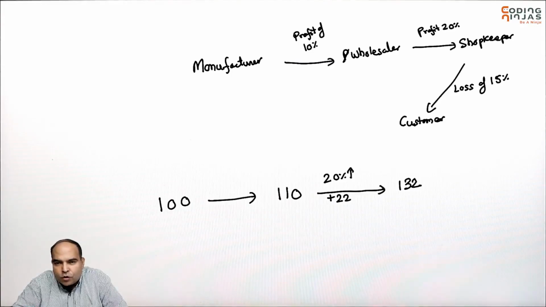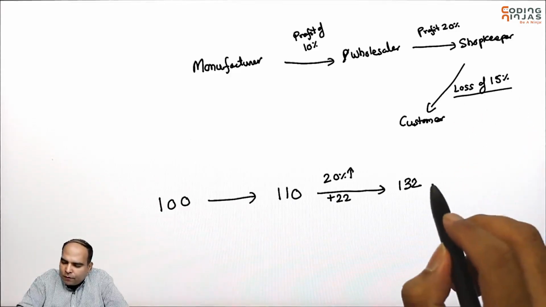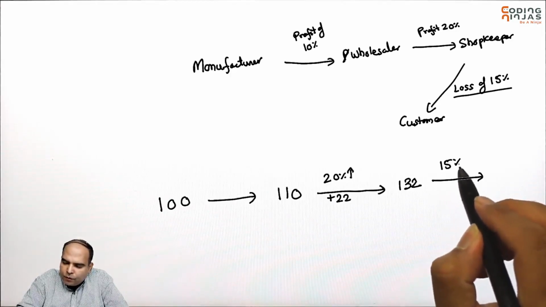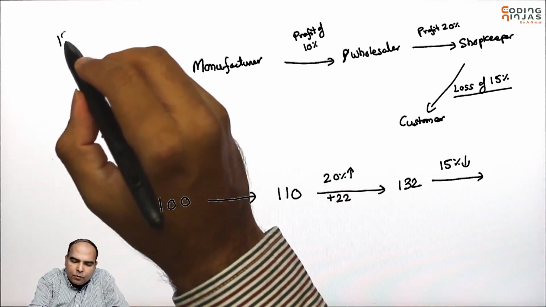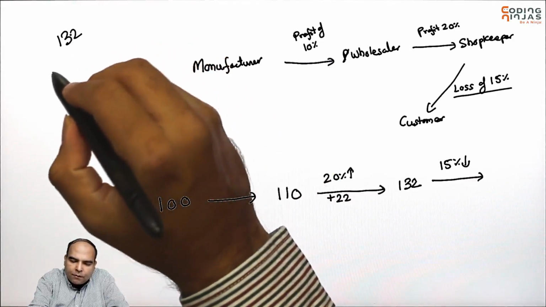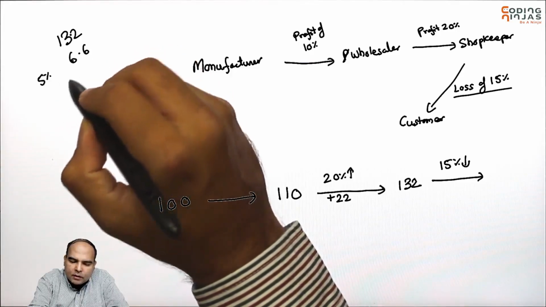So right now you have a shopkeeper who's purchasing at 132, but he's selling to the customer at a loss of 15%. So 15% drop on 132: 10% of 132 is 13.2, and 5% of 132 is 6.6.